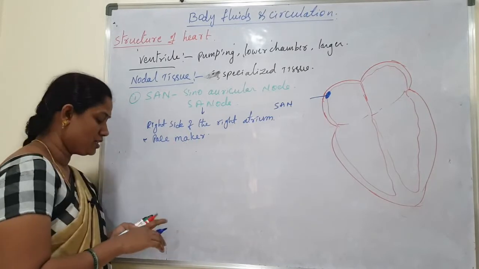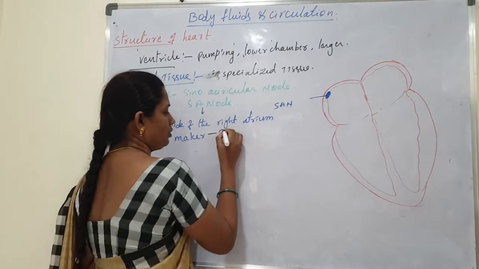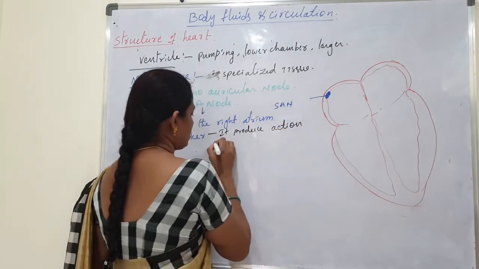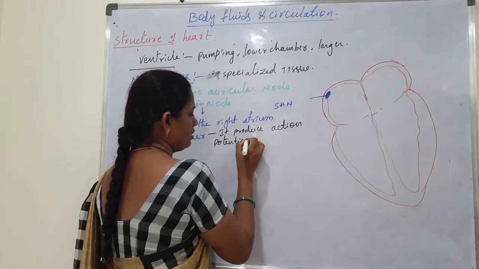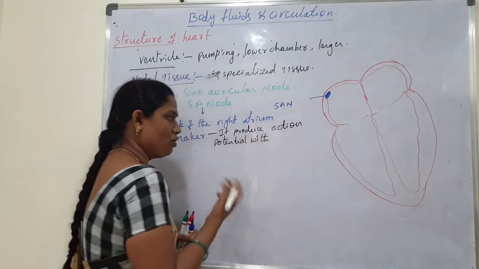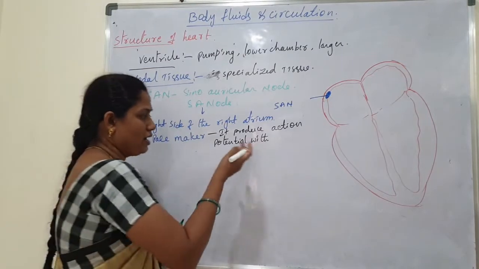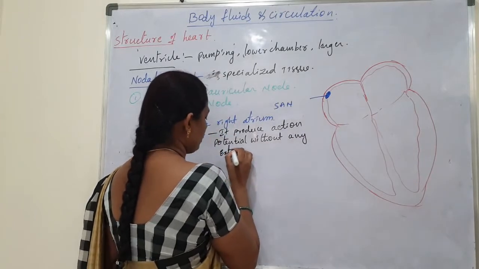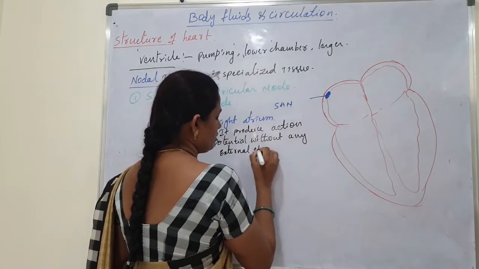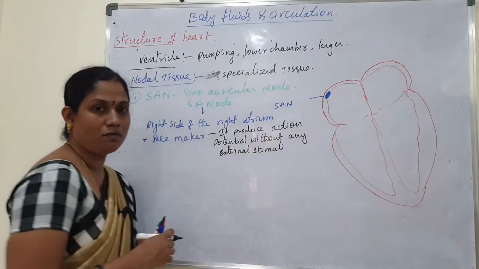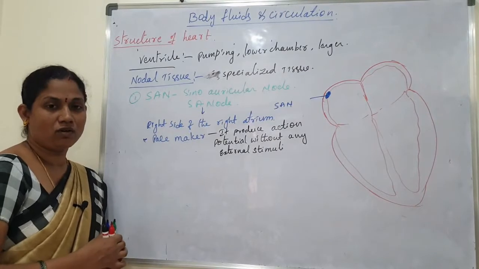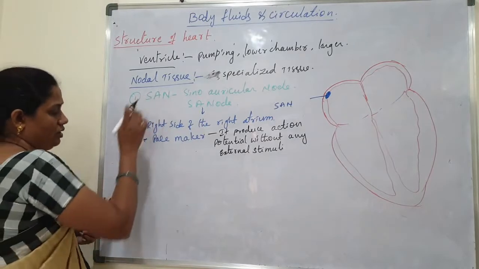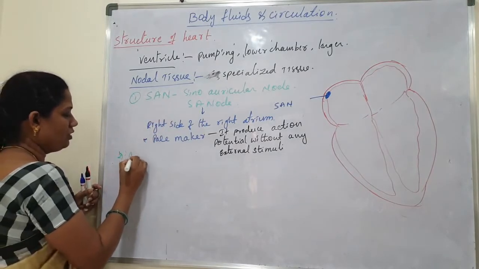That's why it is called the pacemaker. That's why the heart is also called an auto-generating or auto-controlling organ. Okay, this is called SAN. Next, AVN.